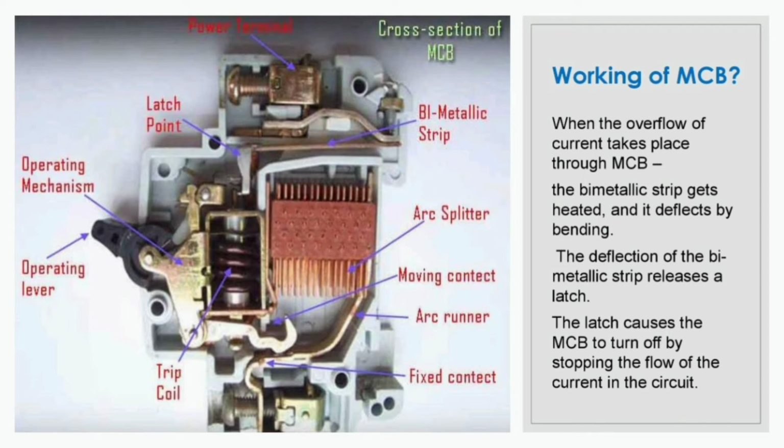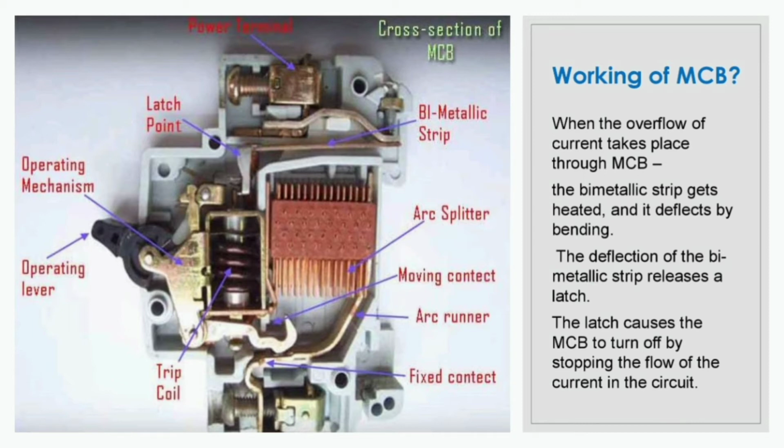Now we can see the working of the MCB. When an overflow of current takes place through the MCB, the bimetallic strip gets heated and it deflects by bending. The deflection of the bimetallic strip releases a latch. The latch causes the MCB to turn off by stopping the flow of current in the circuit. That means due to this overheating, the latch will be released.